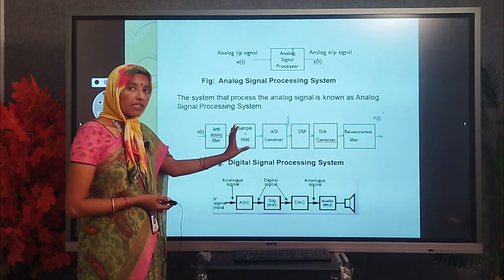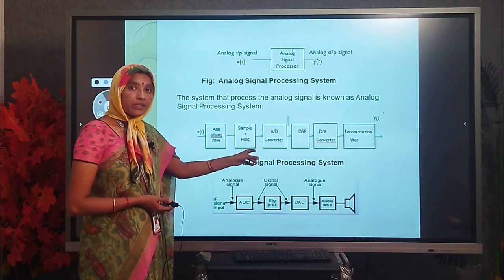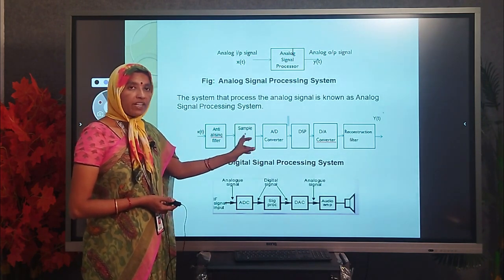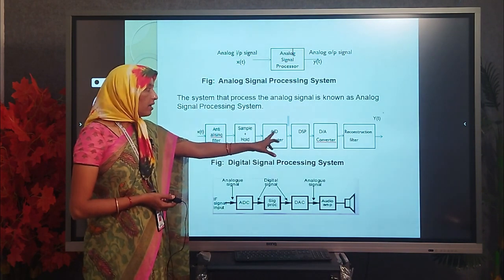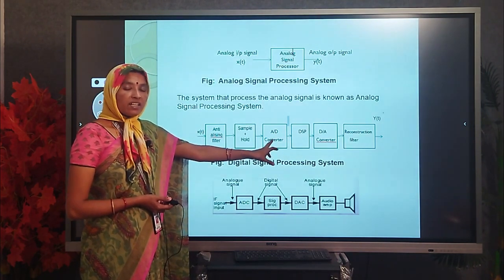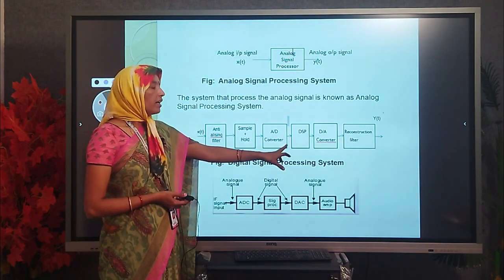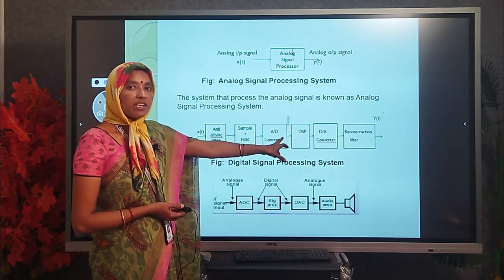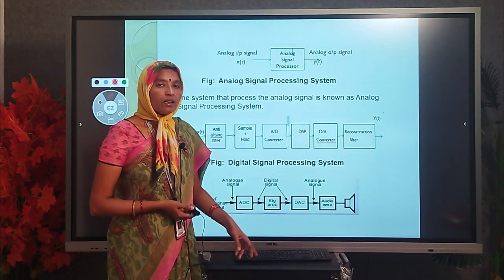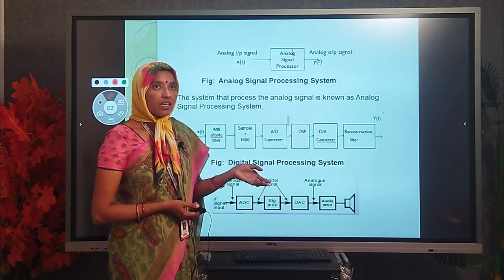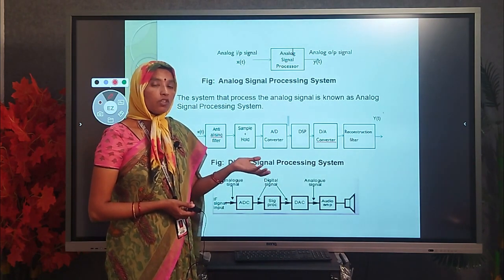The sample and hold circuit provides an input to A to D converter. This analog to digital converter converts the analog data into digital. Then it processes the data using various DSP processors like TMS 320, C54X processor, DSP 21000 processor.